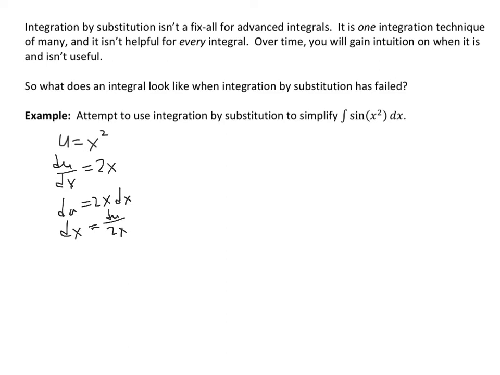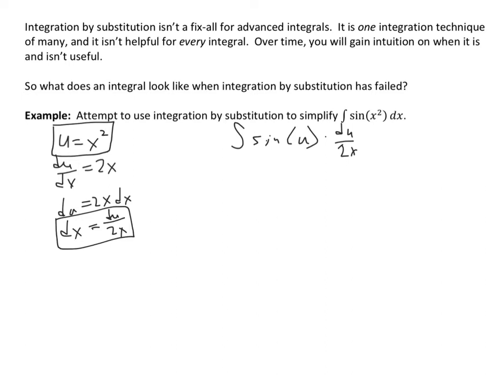If I take my original substitution and my dx substitution and put them into this integral, I'll now have the integral of the sine of u. And that looks good so far. I could do the integral of sine u, but I also need to replace the dx. My dx is du over 2x. And right here we notice something that we did not notice in any of our exercises when we practiced the first lesson.